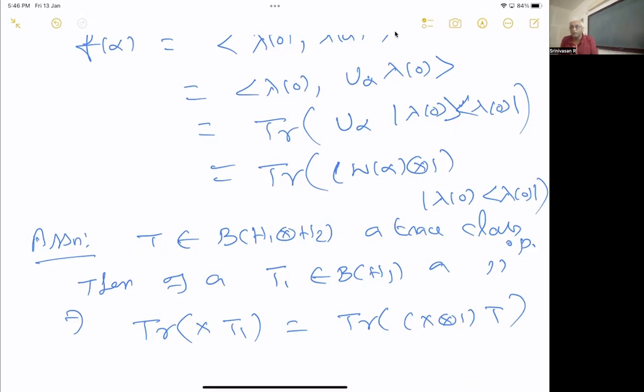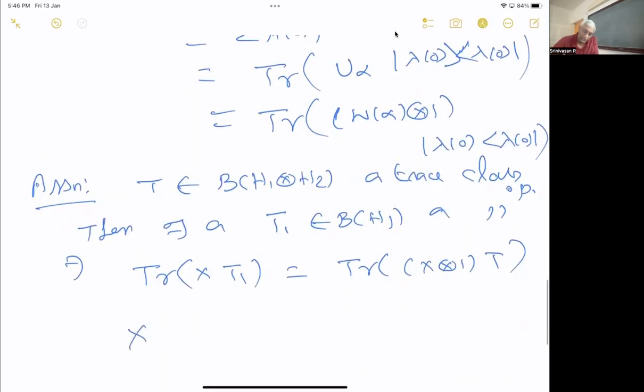How you get it is the following. This existence is a direct theorem, like Riesz lemma kind of thing, though it's not exactly Riesz lemma. The idea is that X going to the trace of X tensor 1 times T is a linear functional on B of H1.